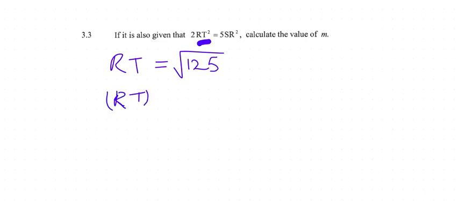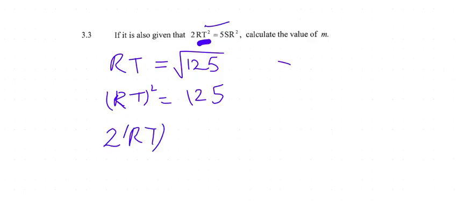So we have 2RT square equals to 5SR square. I'm just putting the values in this equation. So 2RT square equals to 5SR square, where the value of RT square is 125, so 2 into 125 equals to 5SR square.